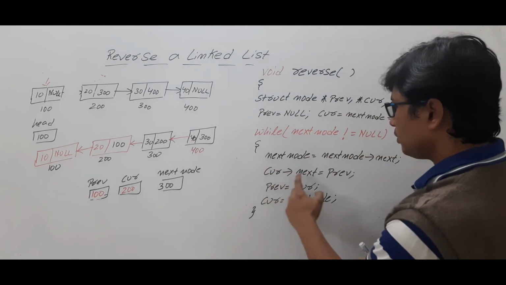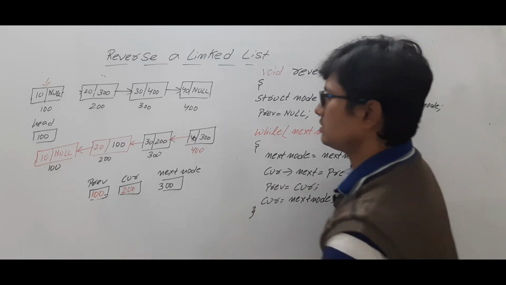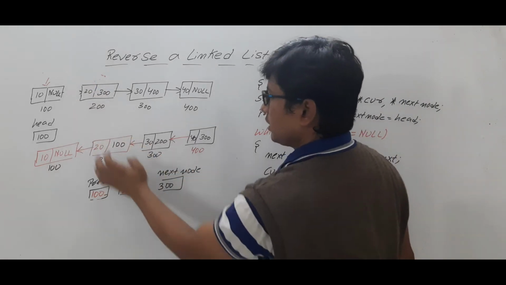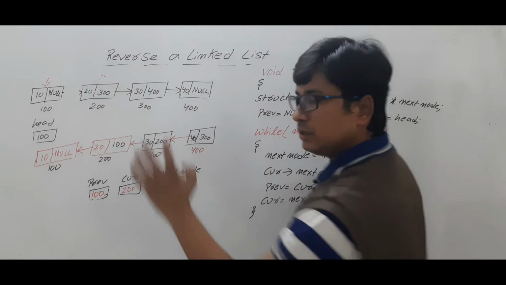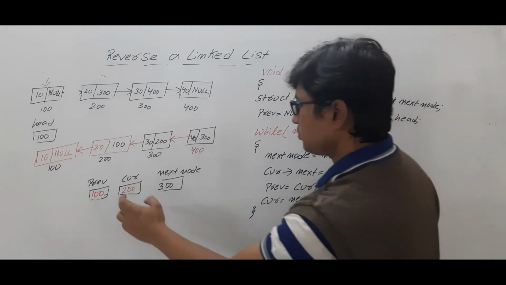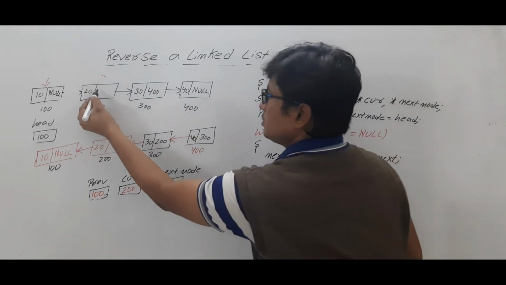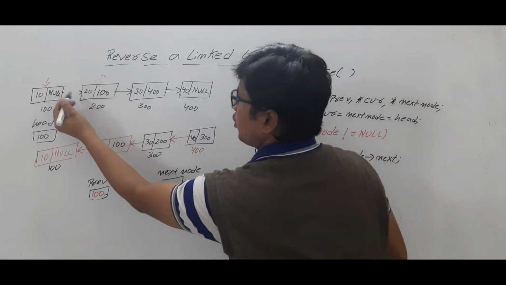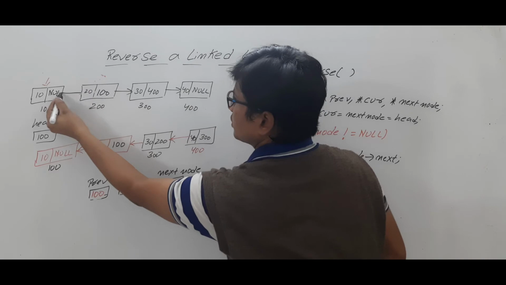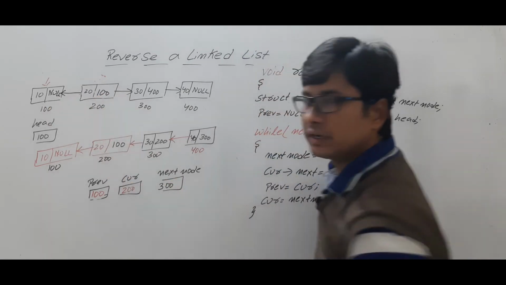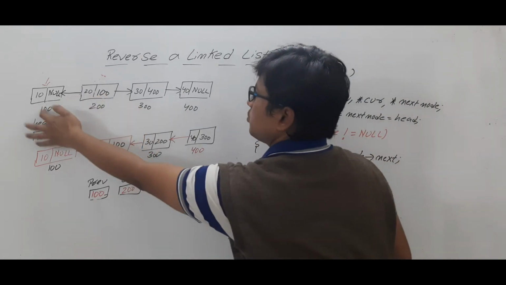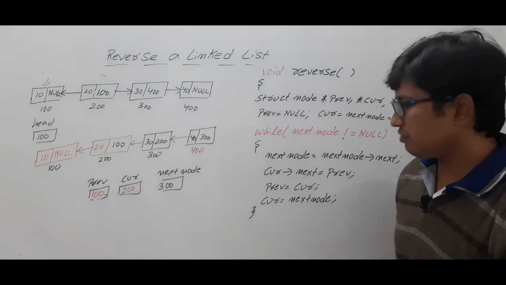Then current node of next is equal to previous. Current node is 200. 200 of next is here. What you are writing is previous. Previous has 100. So here you are writing 100. So now this node is pointing to this node, because here you have written the address as 100, so it is pointing to this node. Is it clear for you?